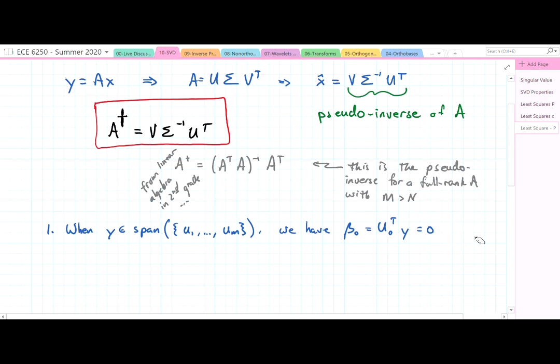So r is equal to 0. In this case, there's at least one exact solution.